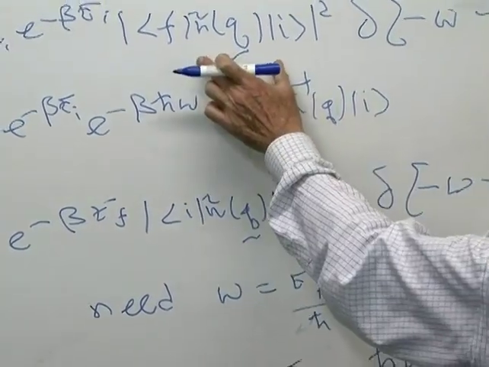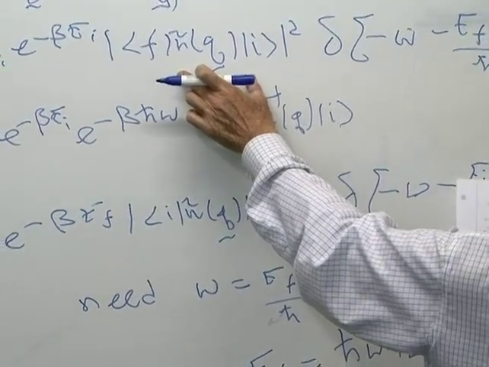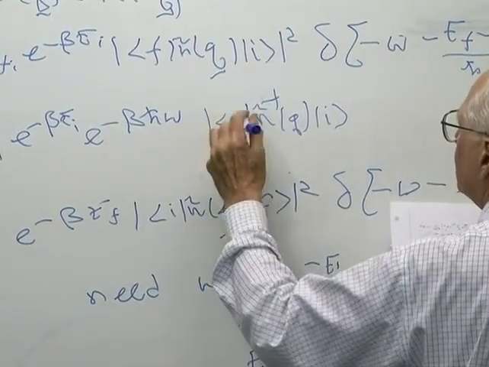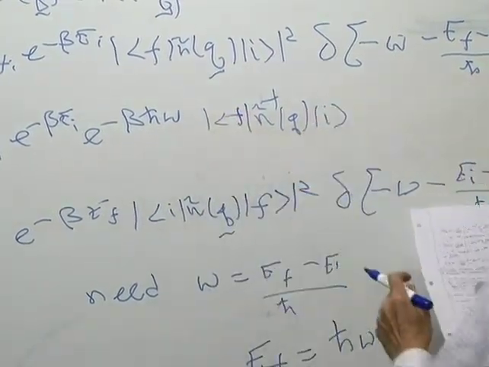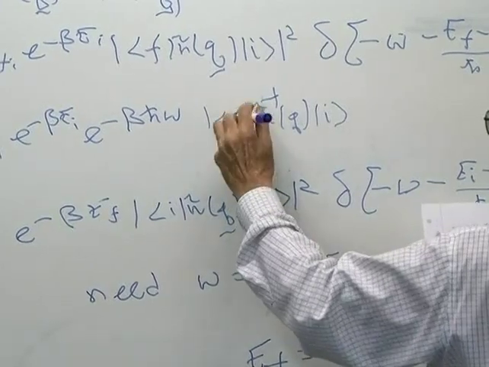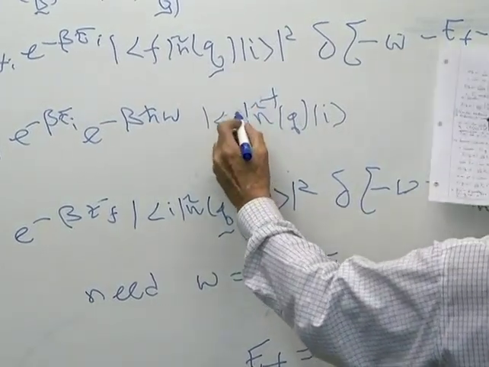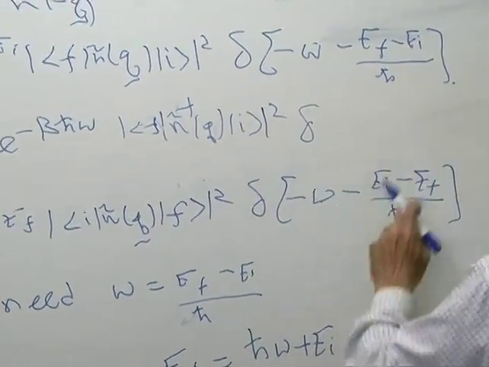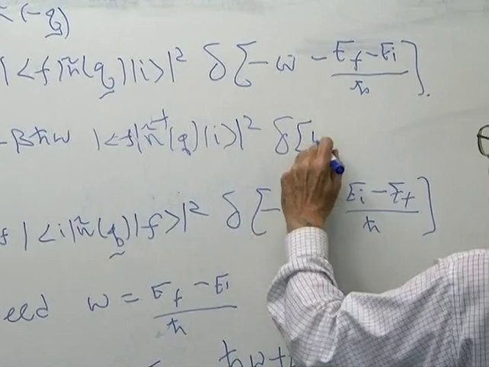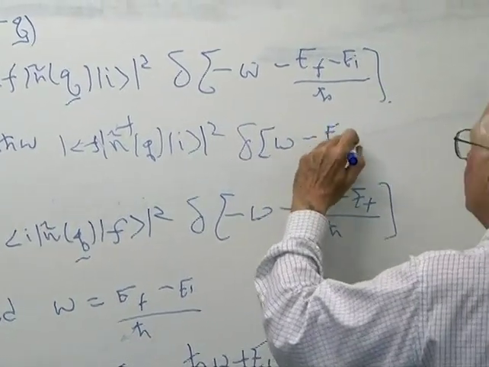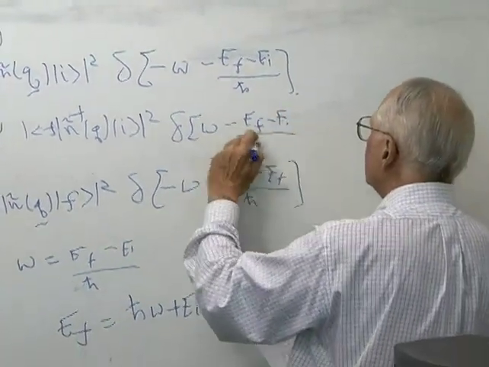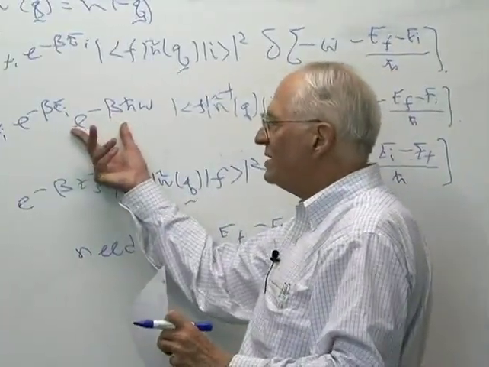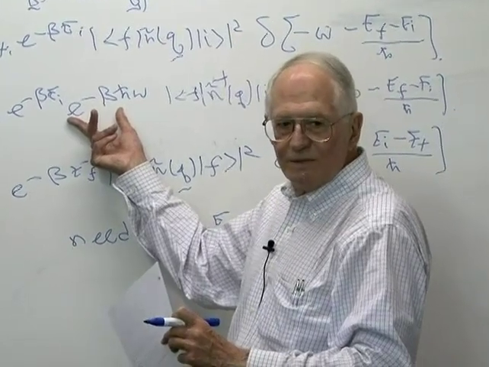Let's see, when I interchange this, what went wrong? Oh, it's this, F. No, well, I want F n Q I squared. And now I get a delta function. This is even, so I can write this as delta omega minus EF minus EI over H bar. And now this factor, apart from this thing, is just the original S of Q and omega.